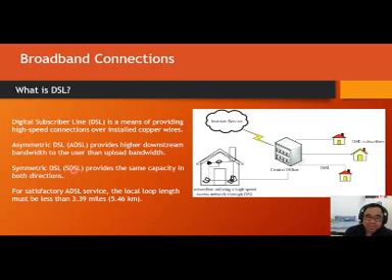Asymmetric DSL, or ADSL, provides higher downstream bandwidth to the user than upload bandwidth. Symmetric DSL, or SDSL, provides the same capacity in both directions. For satisfactory ADSL service, the local loop length must be less than 3.39 miles or 5.46 kilometers.